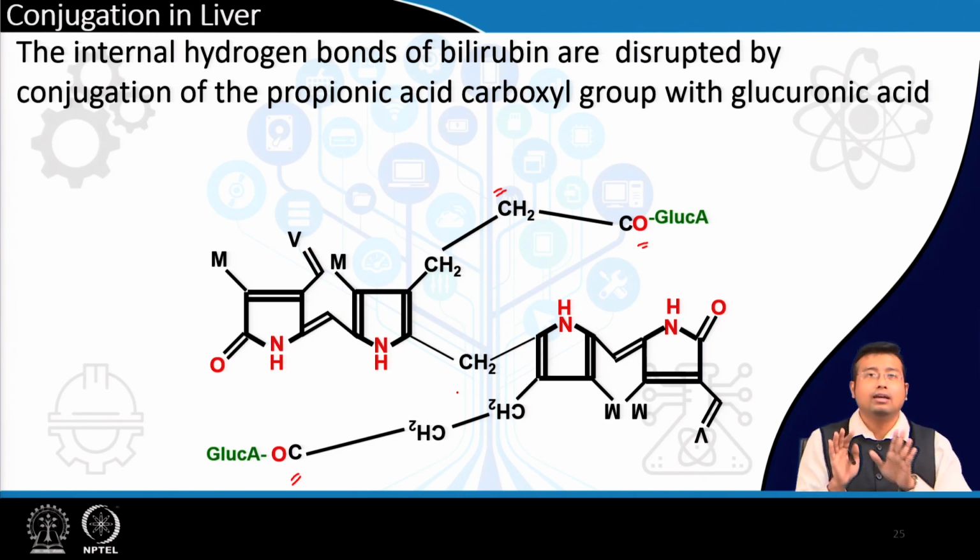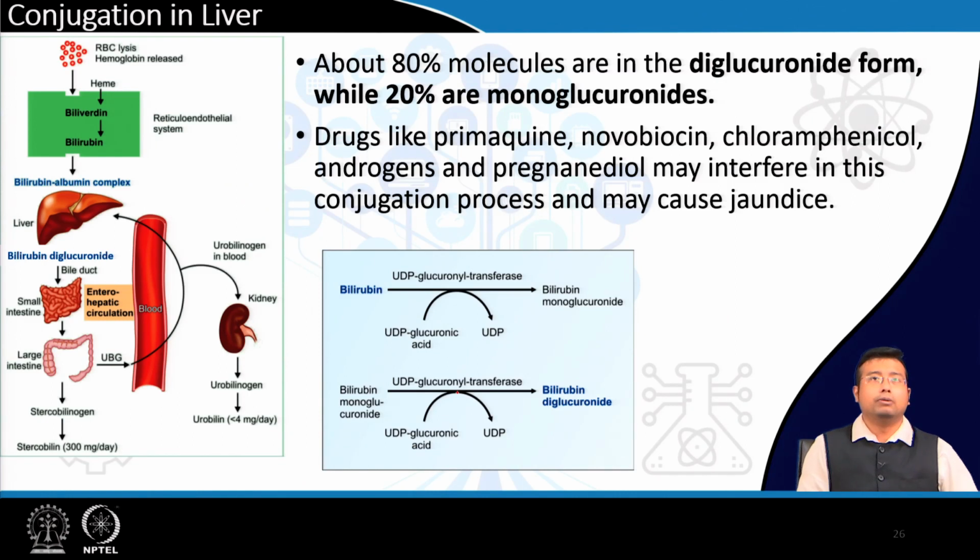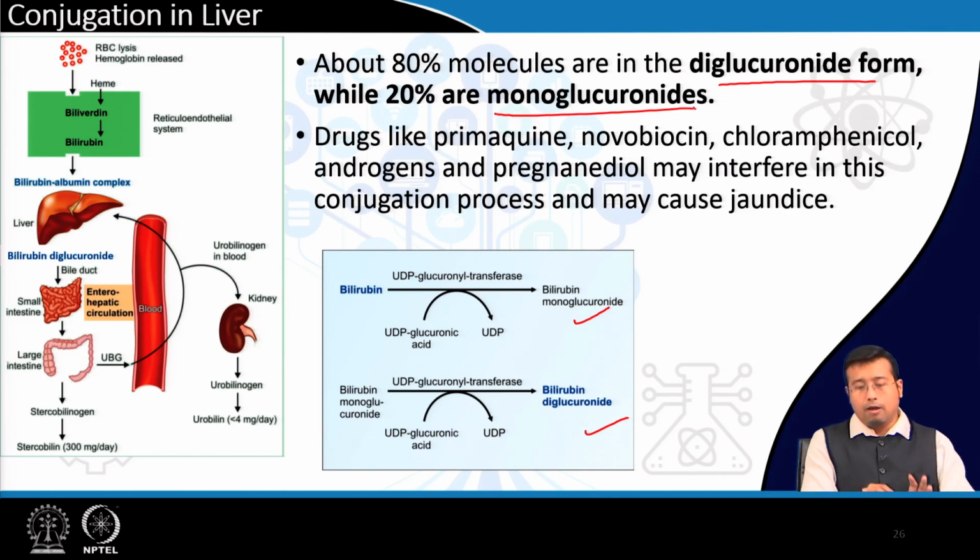So, this is conjugated bilirubin, it is soluble. There occur two subsequent conjugations, first to monoglucuronide and then to diglucuronide. In most cases the reaction is complete, therefore 80% are in diglucuronide form, whereas only 20% are in monoglucuronide form.